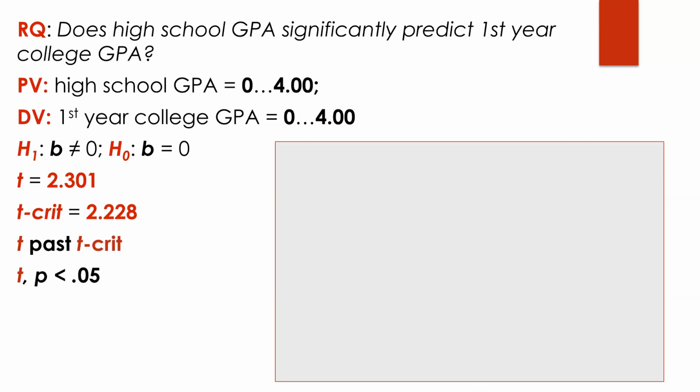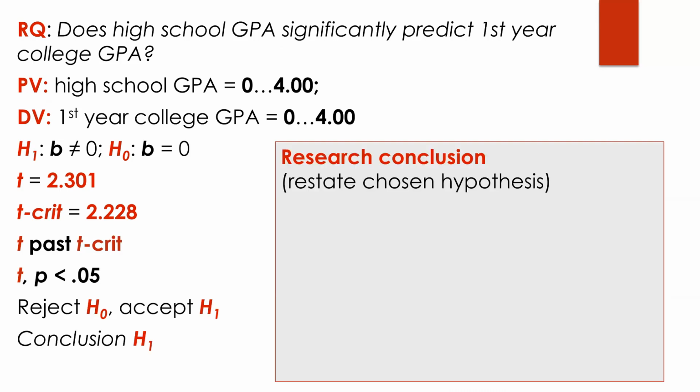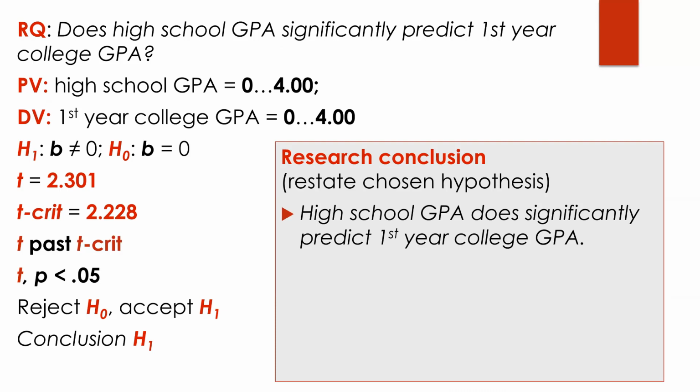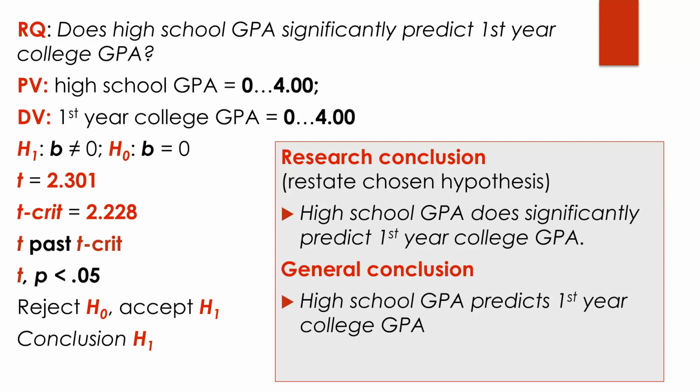So that's evidence against the null, so we're going to reject it. We'll take the alternative as our conclusion. We restate that as the conclusion. And all you need to do is just put this back into general language for the general conclusion. High school GPA predicts first-year college GPA.